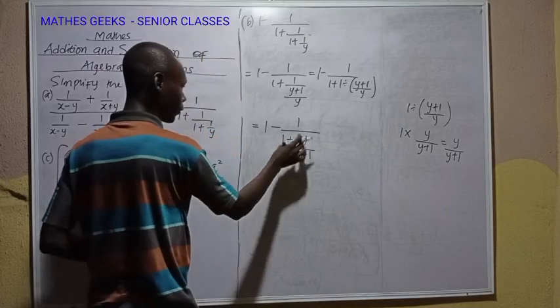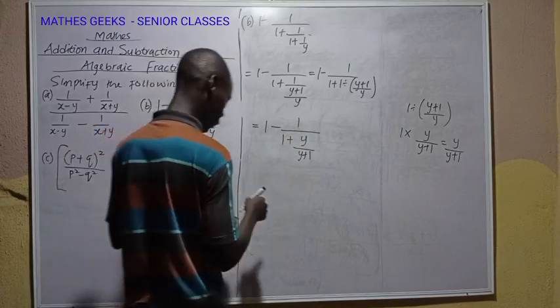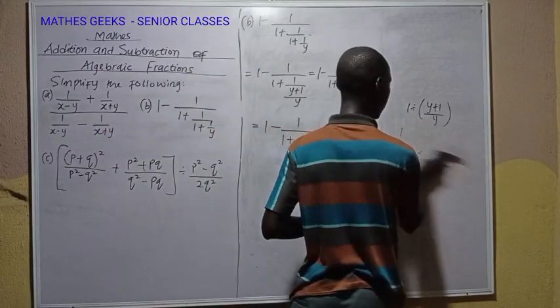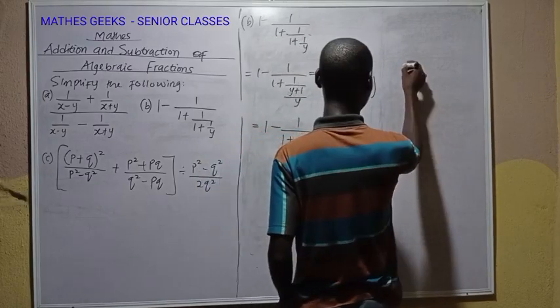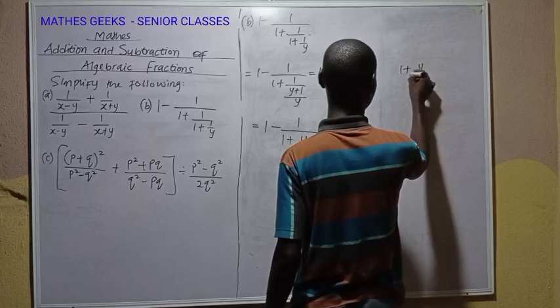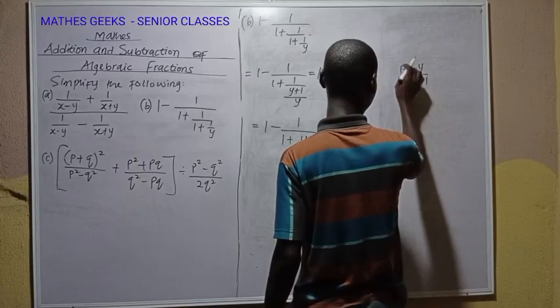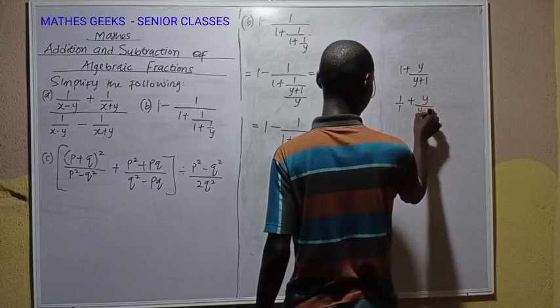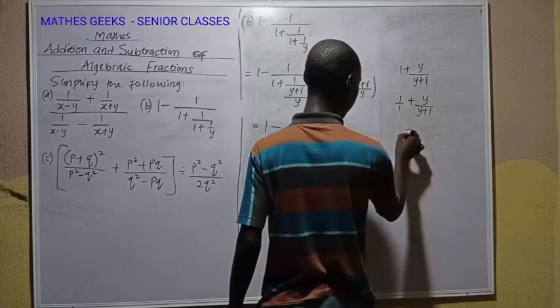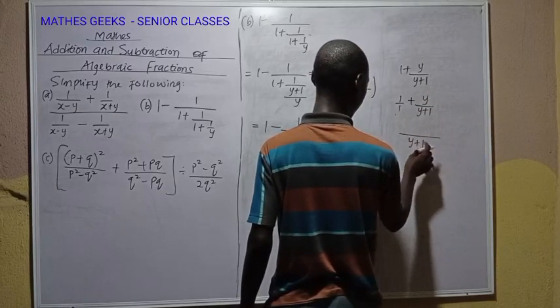Let's simplify here also. This is equal to 1 plus y over y plus 1, equivalent to 1 over 1 plus y over y plus 1. So our LCM is y plus 1.